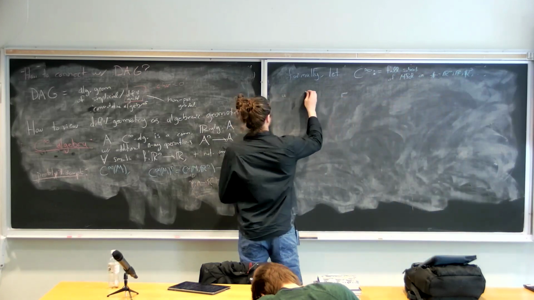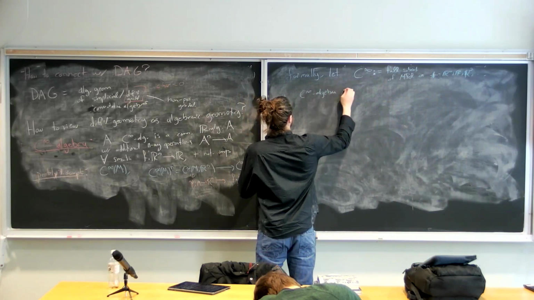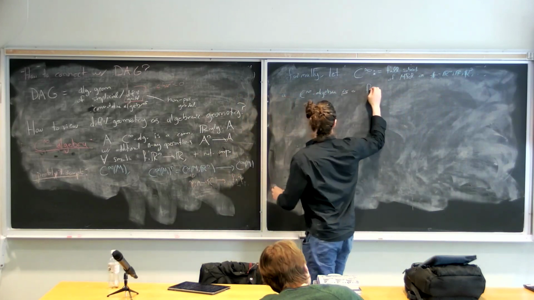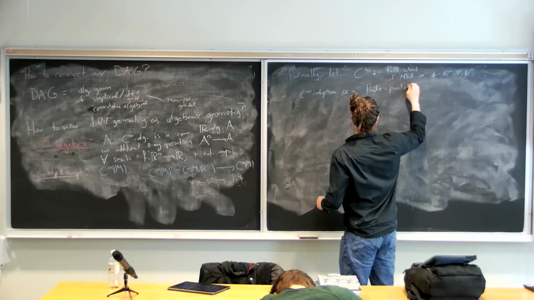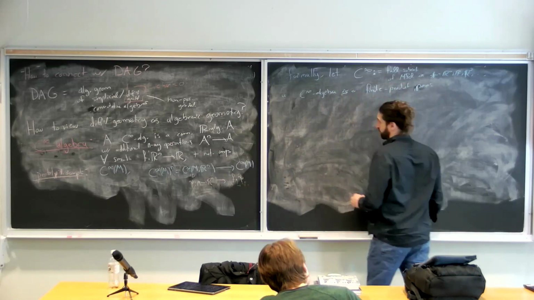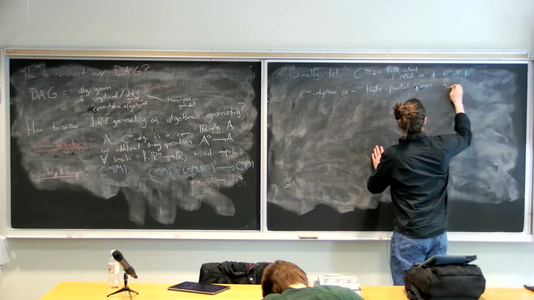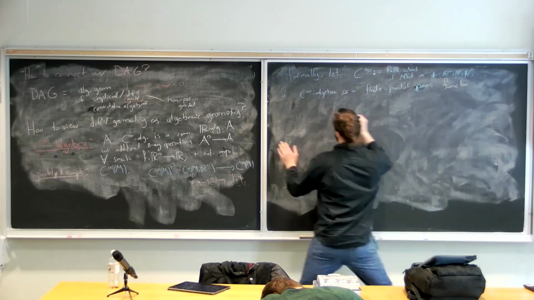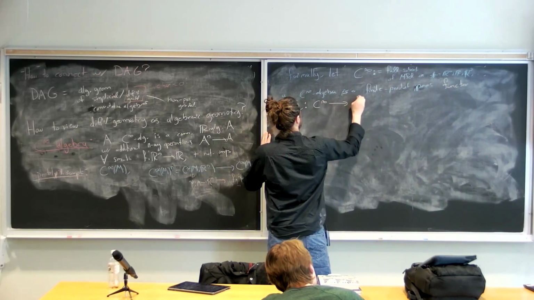So a C infinity algebra is a finite product preserving functor. I'll maybe write this as curly A from C infinity to sets.